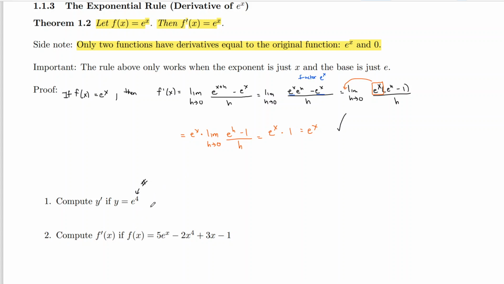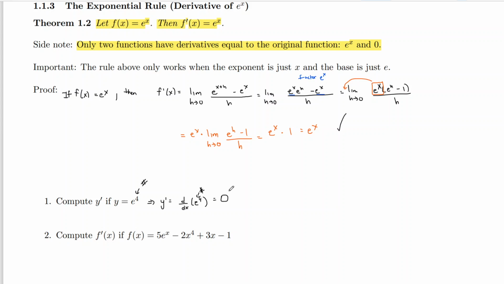It's very easy to look at and think, oh, well, if the derivative of e to the x is e to the x, then the derivative of e to the 4th is e to the 4th. Well, not really, because x is a variable, 4 is a number. E to the 4th is just a number, so that means y prime, when we do the derivative with respect to x or whatever of a number, it's just 0.